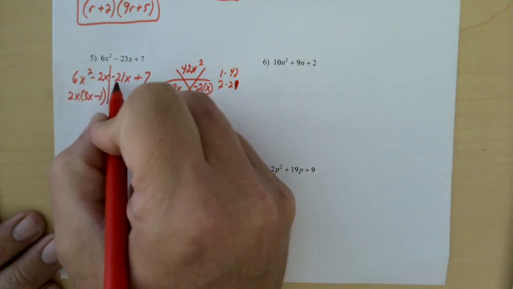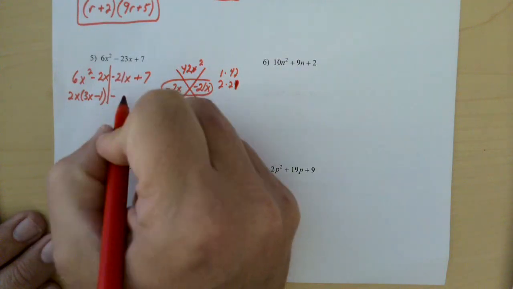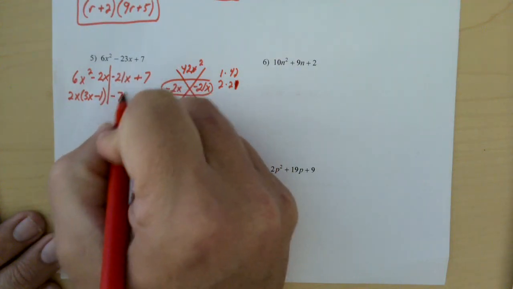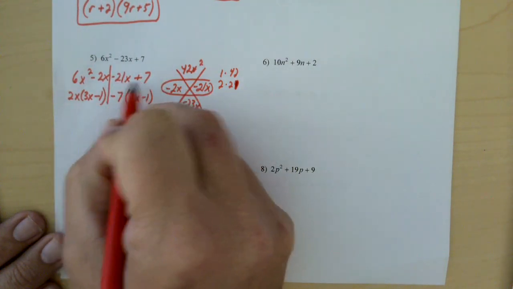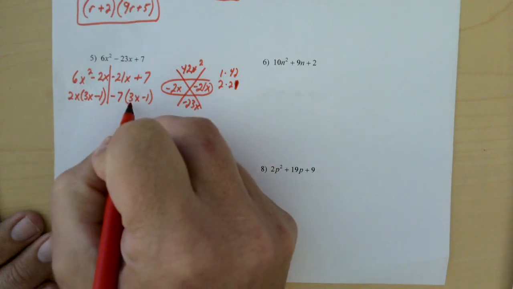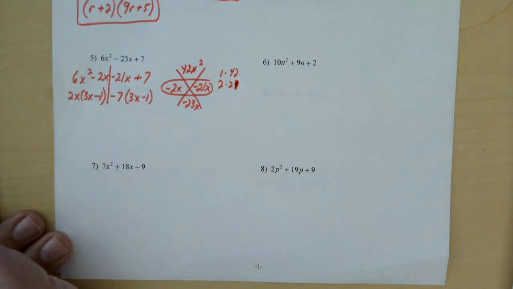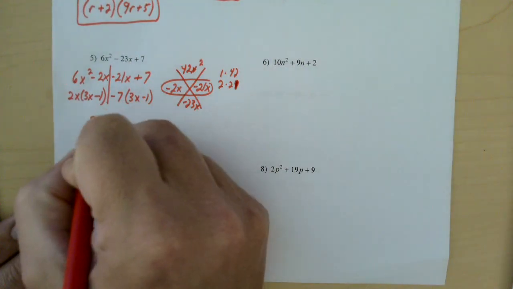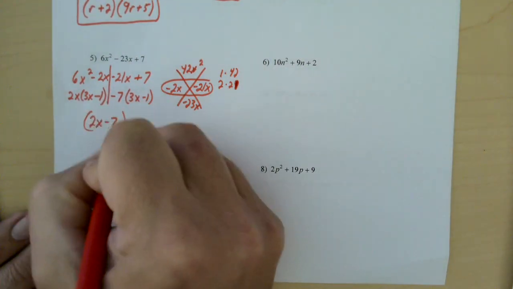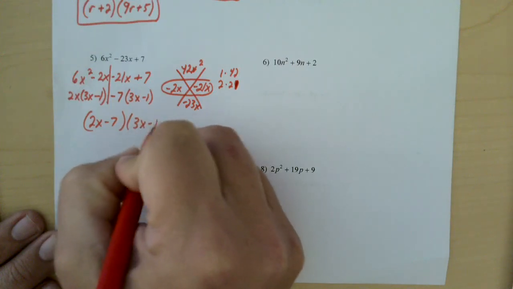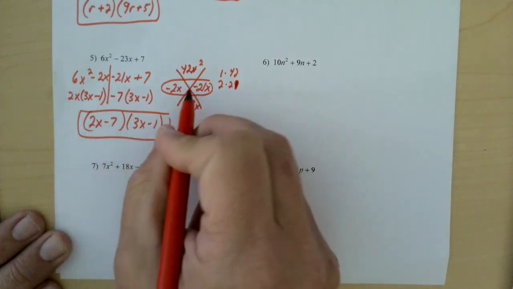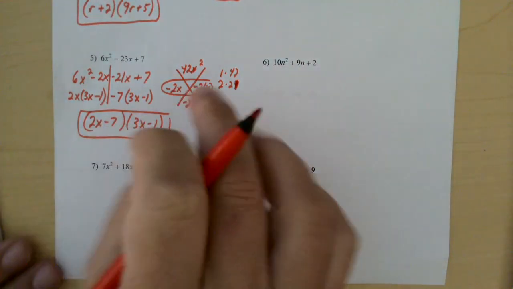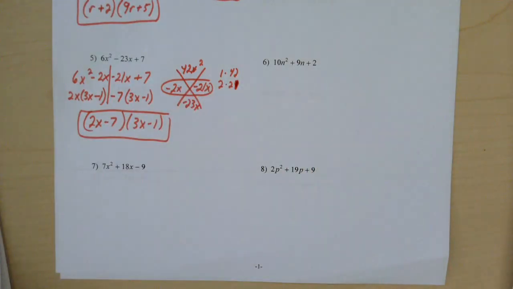And then on this side, you have to factor out a negative, okay? And what fits in is a 7. But you'll feel good because if you divide each of these by negative 7, you get a positive 3x and a negative 1. And that has to happen. The 2x minus 7 is one of your factors. 3x minus 1 is the other. Okay, if you check your outers and inners, it agrees with the values that we found earlier.